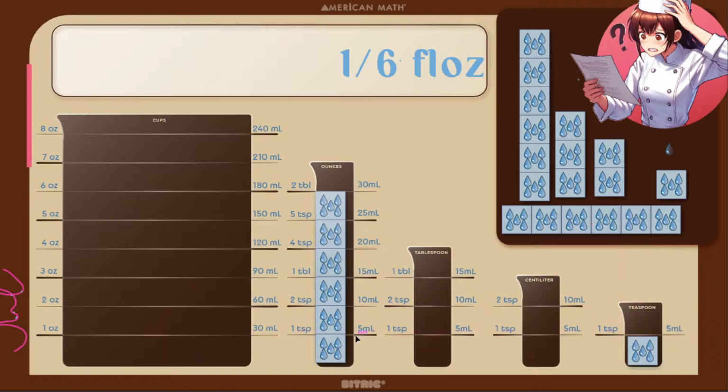I say this because, like I said, it can fit into our ounce 6 times. So this will be 1 out of the 6 teaspoons that can make up our ounce. There we go. Very good.